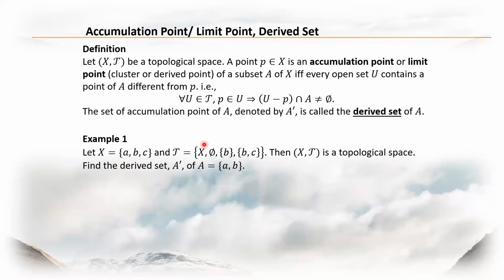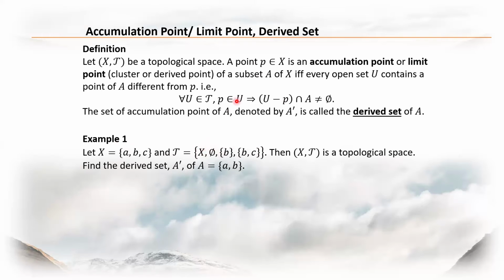If it is non-empty, then that means that a is an accumulation point. But if it is empty, then it means that a is not an accumulation point. Why only consider X? Because there's no other set belonging to tau that contains a.